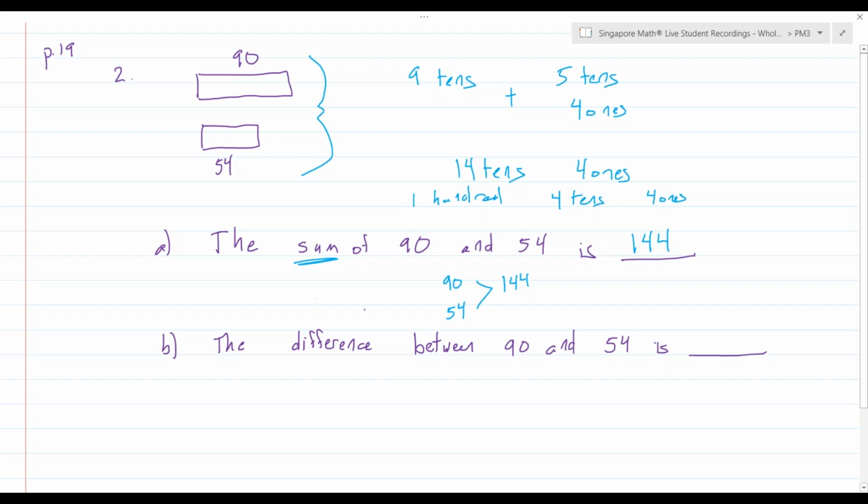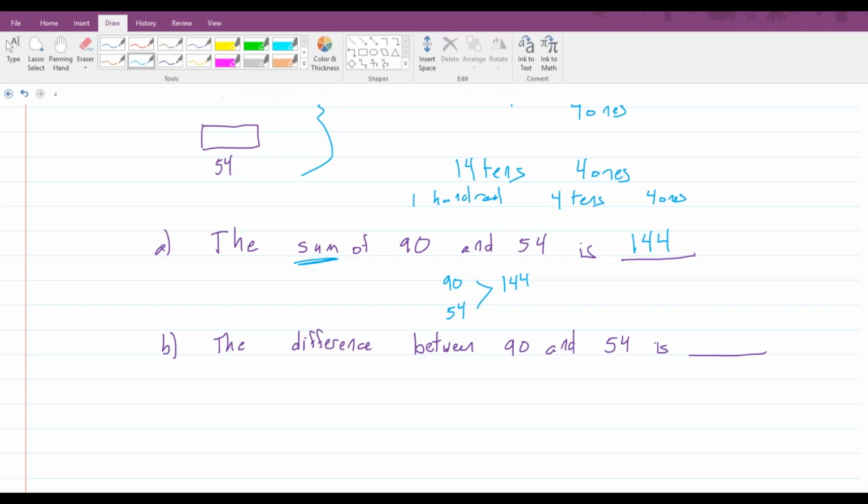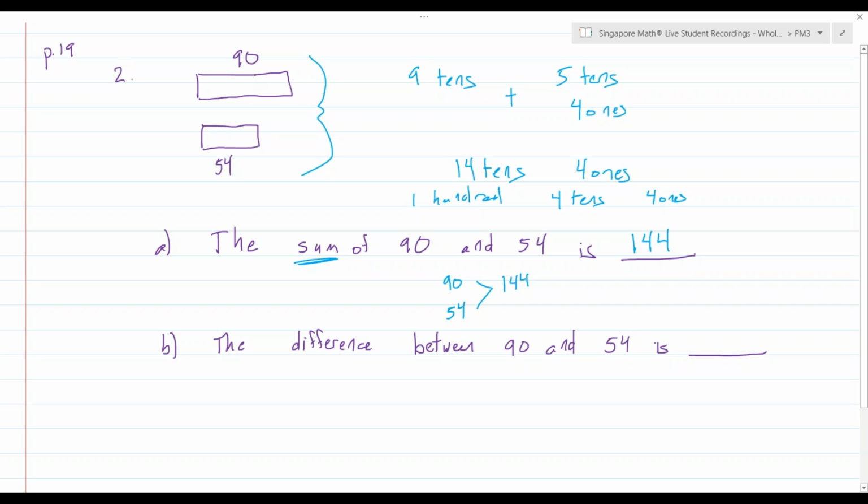If I find the difference between them, let me change colors so we can see it a little bit better. The difference between them is this part. That is a difference. 90 subtract 54. That means 9 tens, subtract 5 tens, and also take away 4 ones.